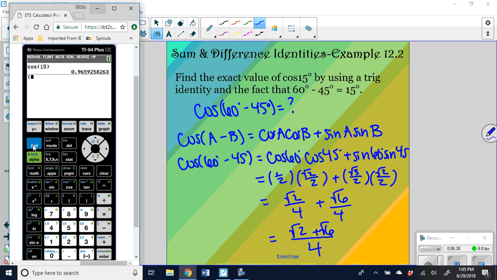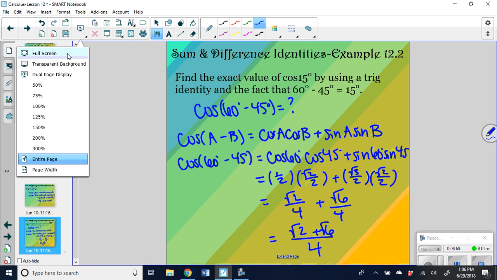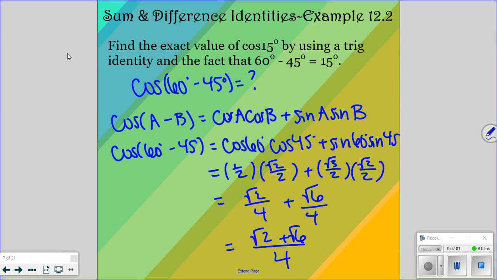And if you do the square root of 2 plus the square root of 6 divided by 4, you should get the exact same decimal. And so you can check and make sure that yes, that decimal is right. But if you give me this decimal as your answer, it's going to be marked wrong. So make sure you actually work it out by hand, and then you can use the calculator just to check and make sure that, yeah, that does work.